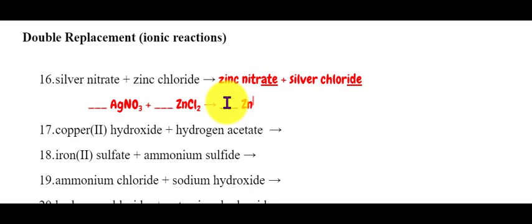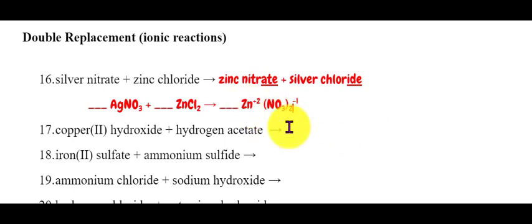Zn has a charge of +2. NO3 has a charge of -1. Okay, so I'm going to need 2 nitrates. So I'm going to put parentheses around this, and I'm going to get 2 of them.